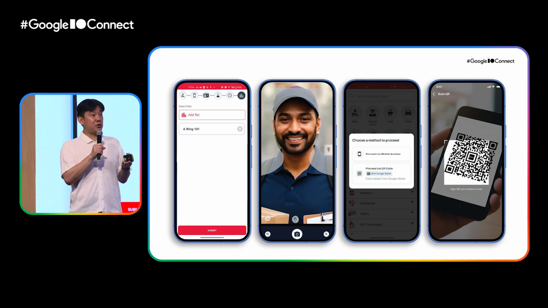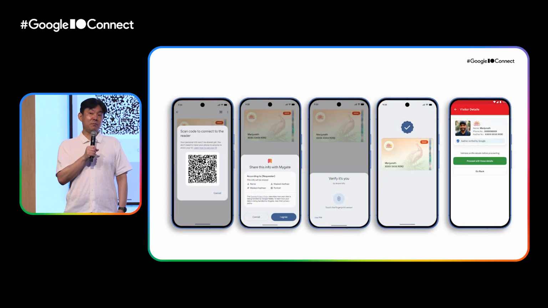Then, they choose to use a digital ID on Google Wallet for verification. The delivery person displays the Aadhaar QR code, which is scanned by the security person. Now, Credential Manager pops up on the delivery person's phone, and they complete the flow by authorizing to share the described fields. Last, the security person receives the ID details, verifies them, and allows the entry.